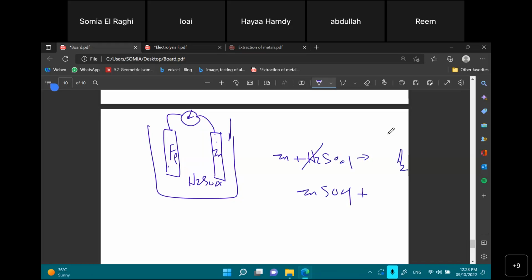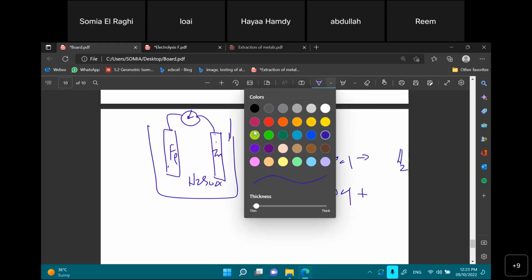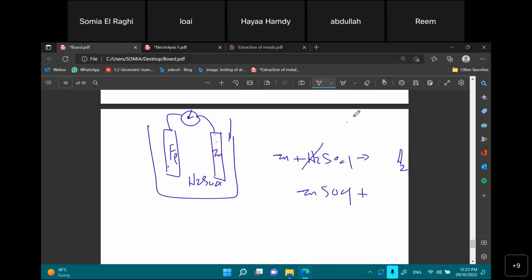Let's understand where the electrons are coming from. If you break this down, zinc forms Zn2+ by loss of electrons. So these electrons will move. The direction of electrons is always from the most reactive one to the least reactive one.